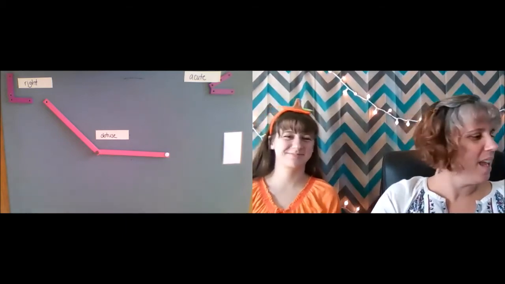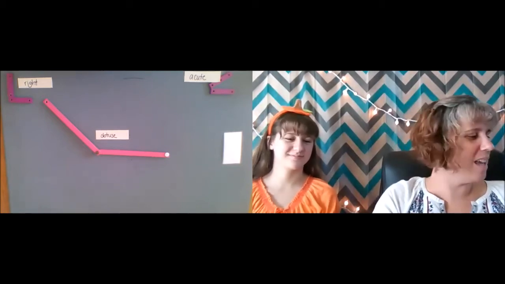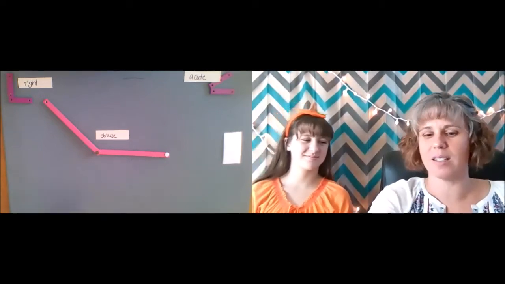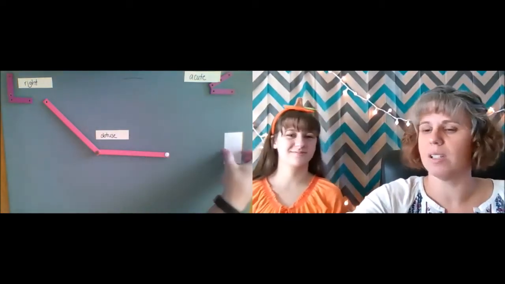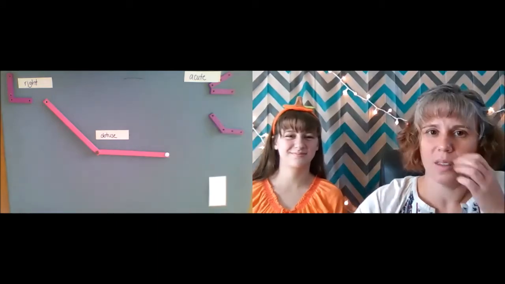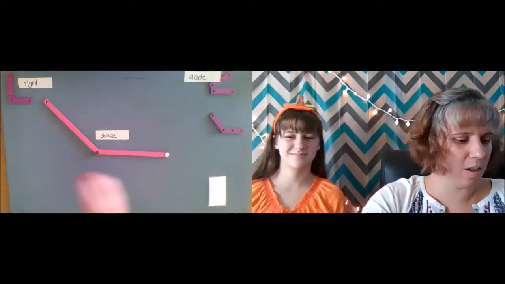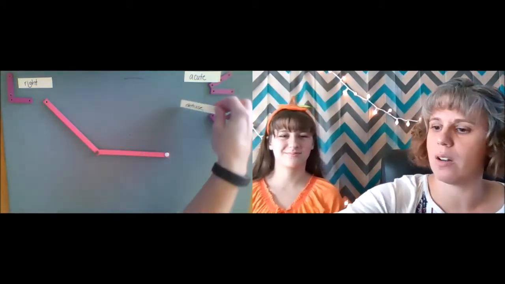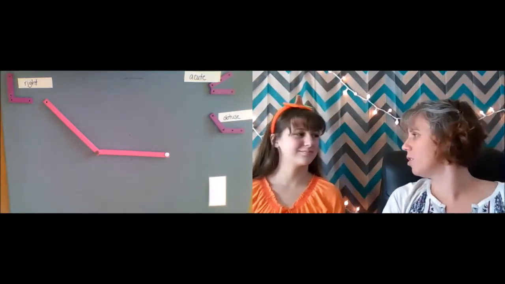You're dull. So an angle that is greater than 90 degrees is dull, not like a sharp pencil. This is a dull pencil. Obtuse angles are greater than 90 degrees, and they mean dull or not sharp. So don't be obtuse. You should be acute.